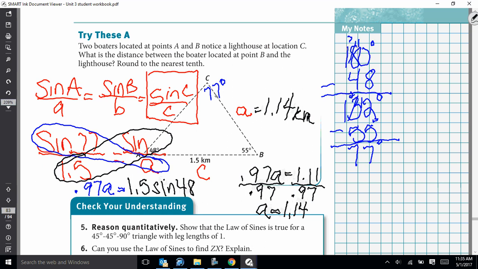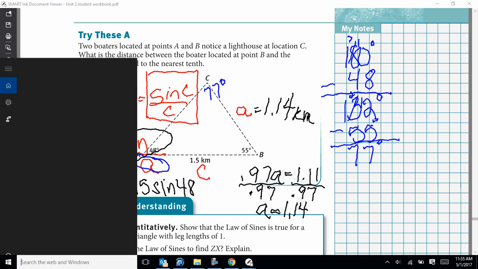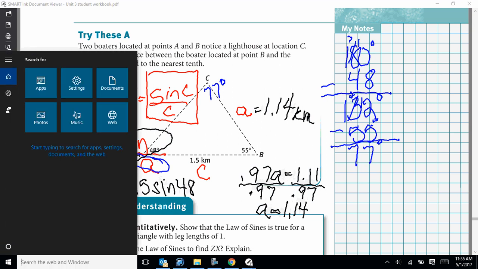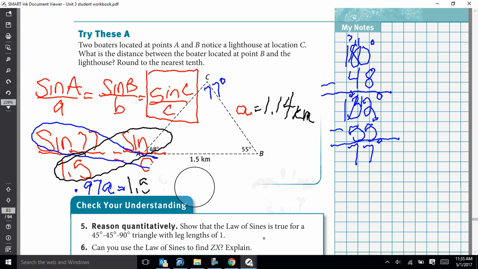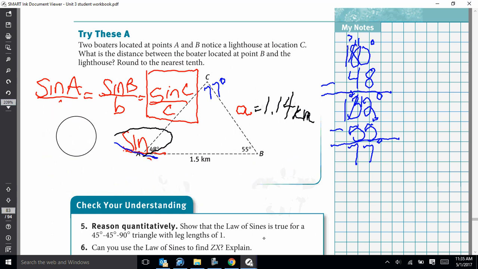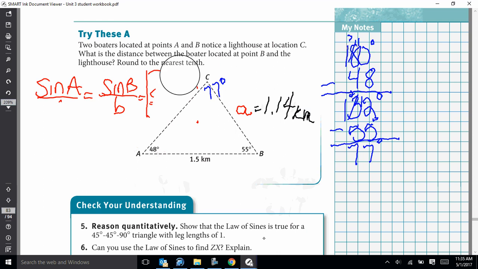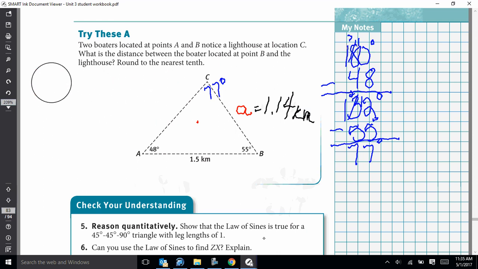No, but I want us to find B. So let's find side B. All right, so let's find side B now.